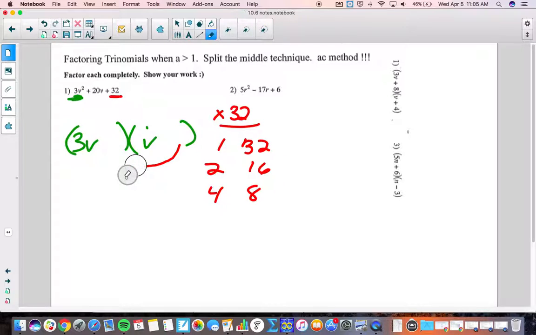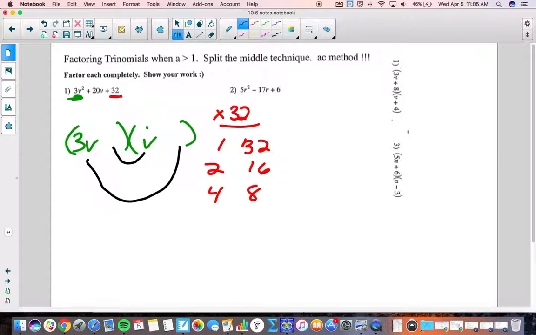We get that 20v in the middle by multiplying these 2 things together and these 2 parts together. So I know it's going to be one of these 6 combinations, but which pair goes there?